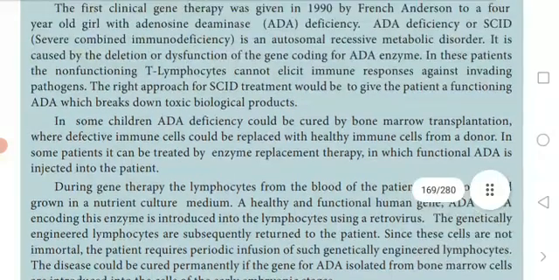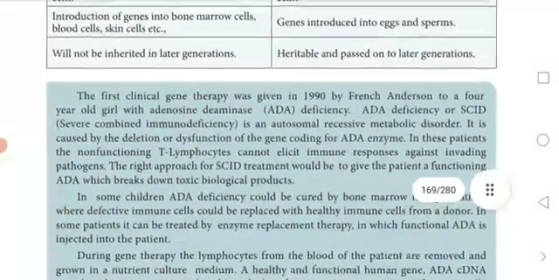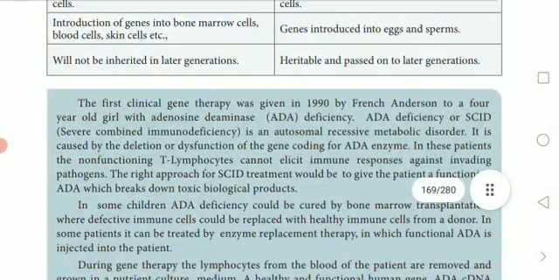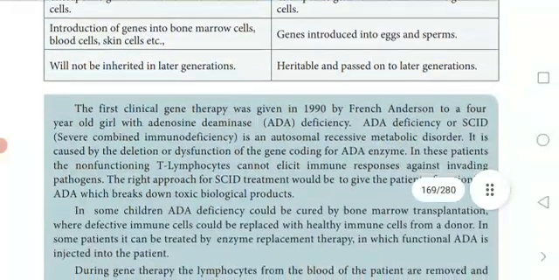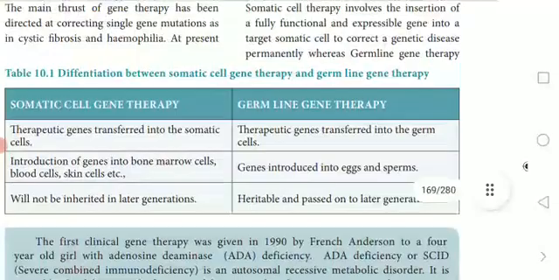The genetically engineered lymphocytes are subsequently returned to the patient. Since these cells are not immortal, the patient requires periodic infusions of such genetically engineered lymphocytes.